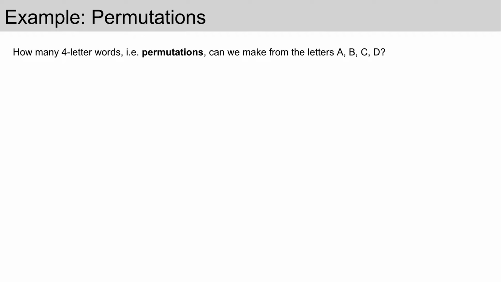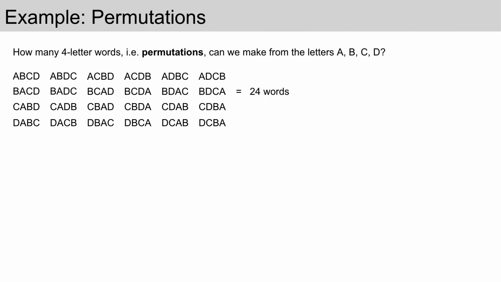Consider a next example that will help us think through our next combinatorial tool, permutations. How many 4-letter words or permutations can we make from the letters A, B, C, and D? If we take the time to write these all out, we can come up with 24 possible words. The first row here shows the words that start with A, the second row shows the words that start with B, and so on.